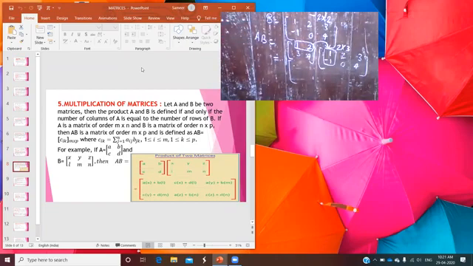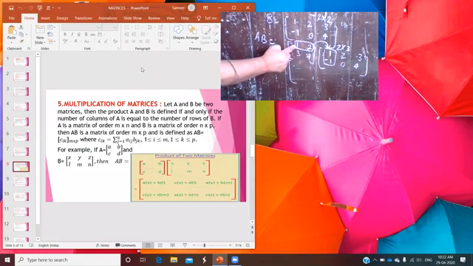Within an array, all the elements have their specific positions, and you have to write the sum of the products in its specific position only. So you have to take the sum of the products of a row of the A matrix and a column of the B matrix. Understand? So just think about it.